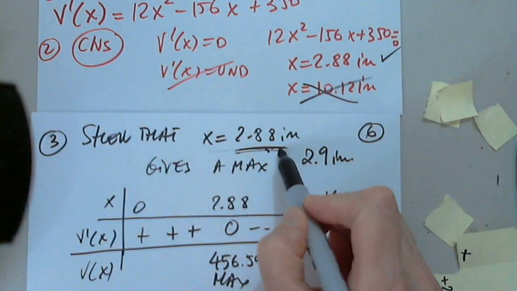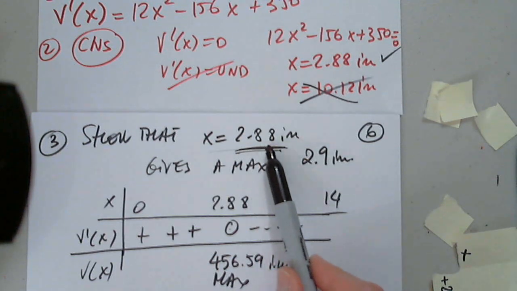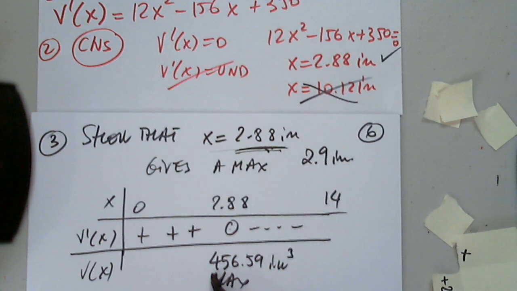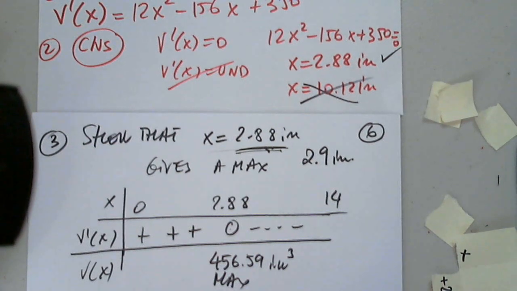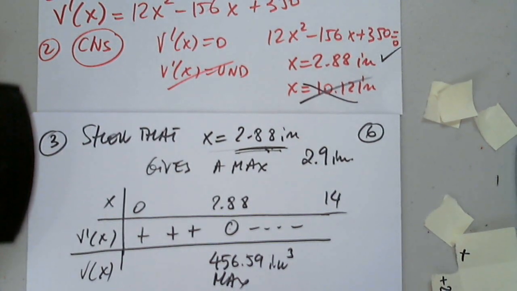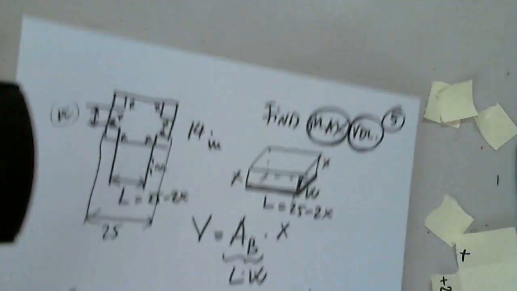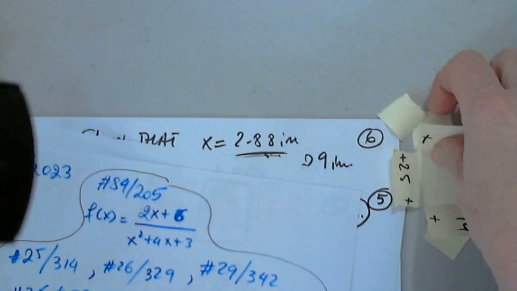So if it wants 2, then you have to plug in 2.88, and here 456.59 if they want the actual volume. Thank you. Everything okay? Is it clear now? Better. Okay, perfect.